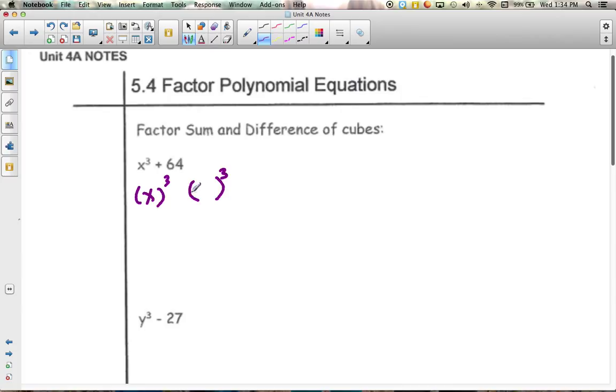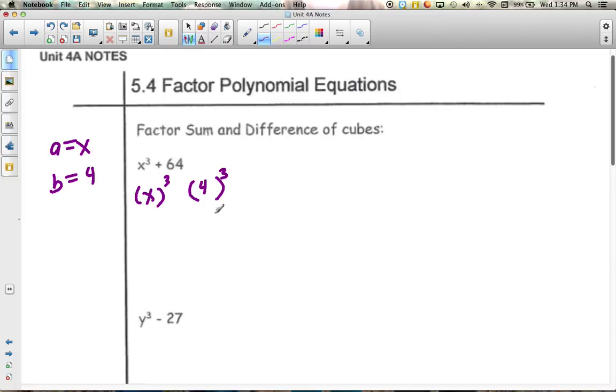Sure, you can take the number 4, multiply it times itself 3 times, and you get 64. So if you're going to use that long formula, if you've got it memorized, you would just need to realize that your a value would be x, your b value is equal to 4, and you would just plug those numbers into the factored form for a and b, and you'll have your answer.